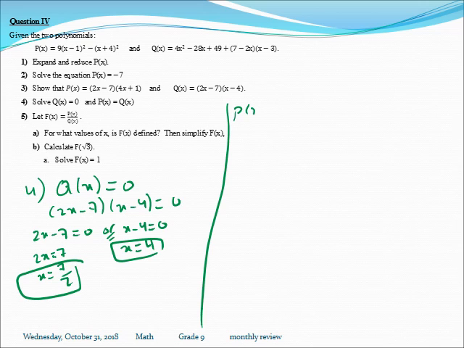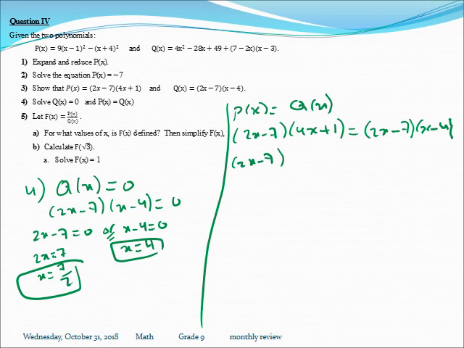P of x equals q of x. P of x, (2x minus 7)(4x plus 1), equals q of x, (2x minus 7)(x minus 4). So (2x minus 7)(4x plus 1) minus (2x minus 7)(x minus 4) equals 0.